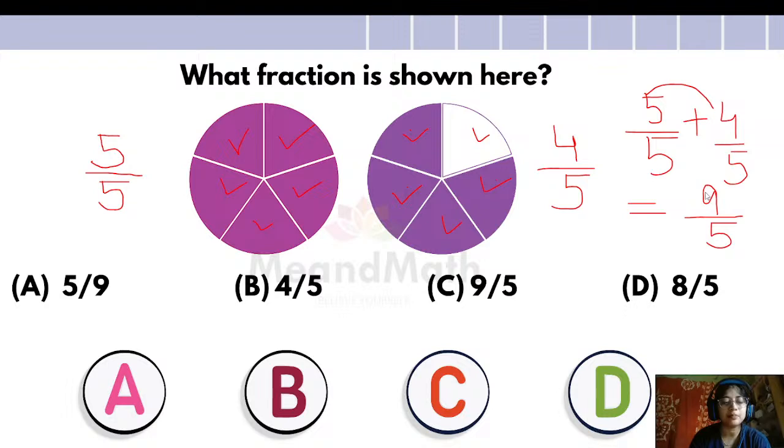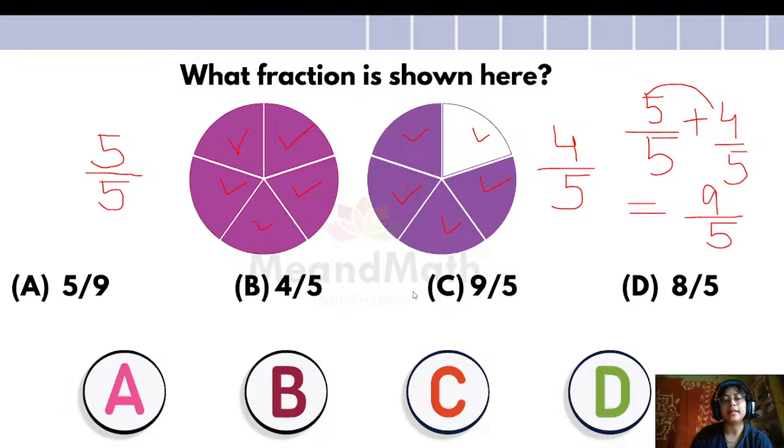Okay, improper, improper. Very good. Yes, you all are absolutely correct. Improper fraction. What is an improper fraction? When the numerator of the fraction is greater than the denominator. So here we can see 9 is greater than 5.